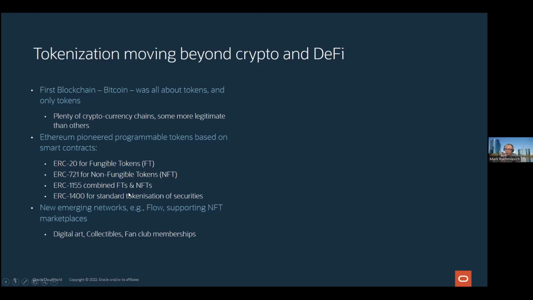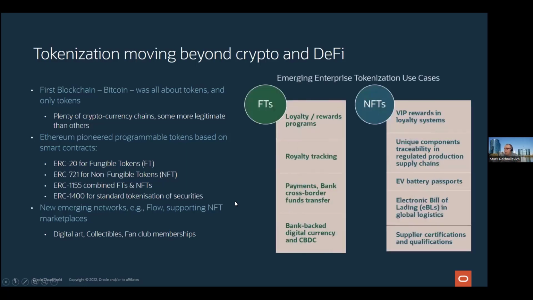And there are new networks, of course, we know about, like Flow for digital art, collectibles, and things like that. But in an enterprise context, we're beginning to see use of those capabilities as well. So there are emerging use cases both with fungible tokens and non-fungible tokens. On the fungible side of the ledger: rewards programs, loyalty programs, royalty tracking, payments, particularly cross-border payments or funds transfers.